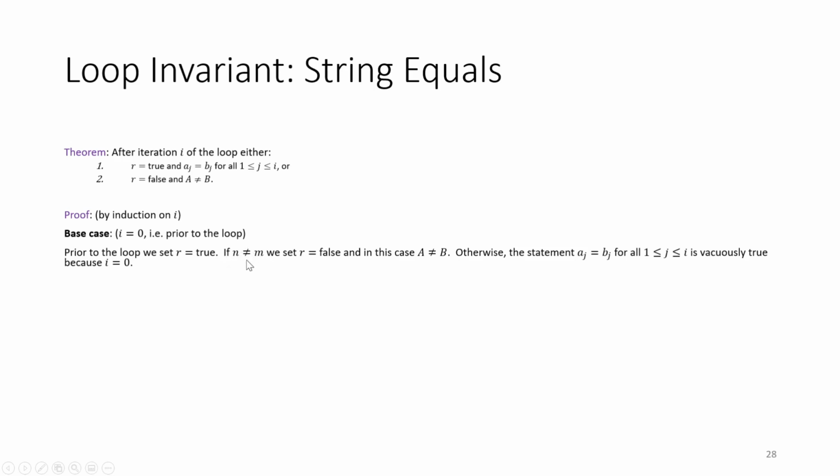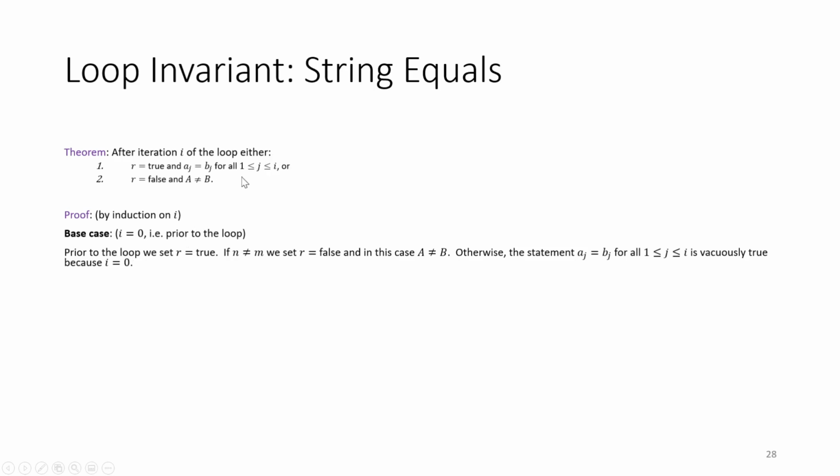So what about if this was not the case? If n is equal to m, then we set r to be true at the beginning. And then, if r is true, we want this statement to be true. But notice, I've got this statement rewritten here again: aj is equal to b for all 1 less than or equal to j less than or equal to I. This is vacuously true because I is 0.